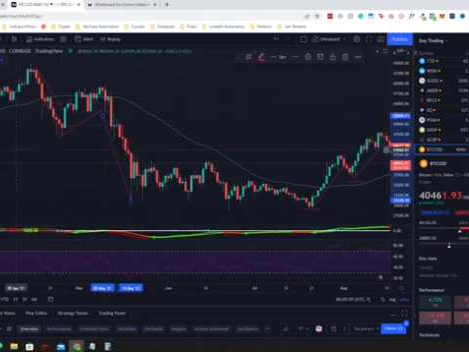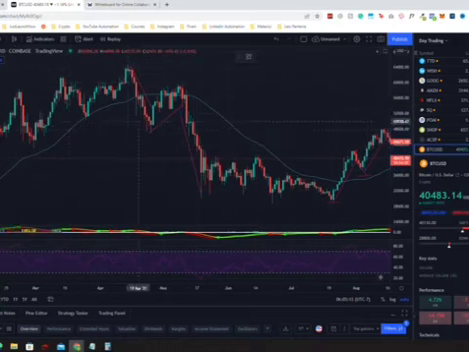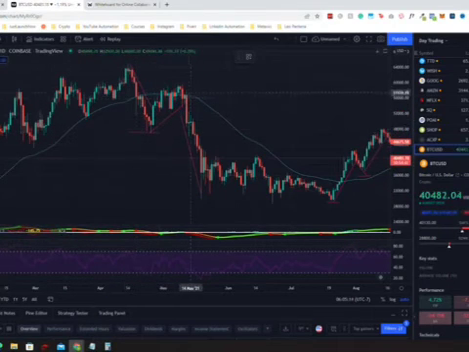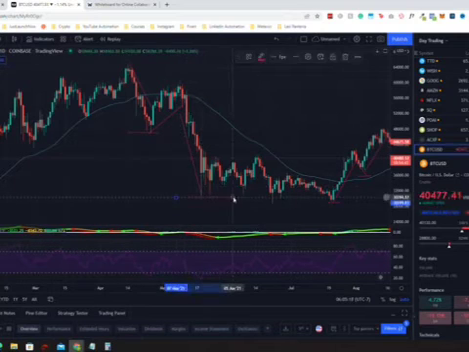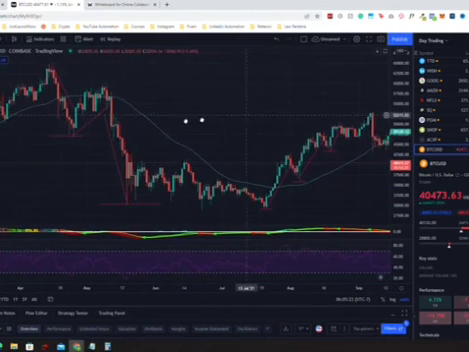Okay, as you can see, it's creating a lower low every time. You can see, starting from the top, the low here was here, and it went up again, and then went all the way down, and the new low will be here. So that's basically a bearish trend.